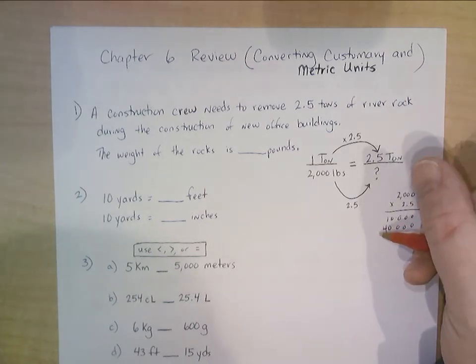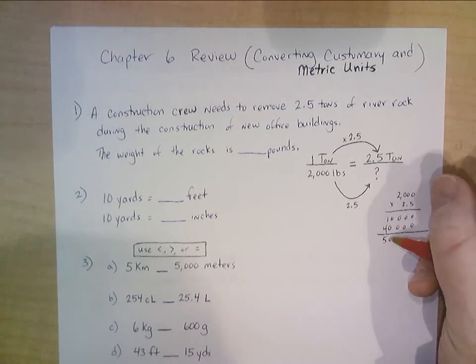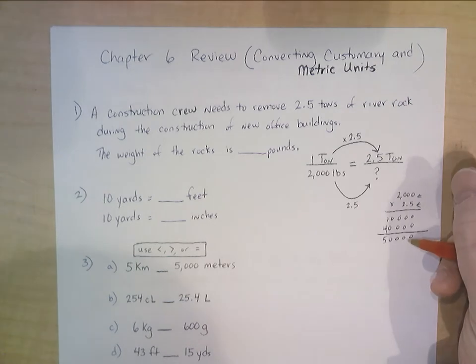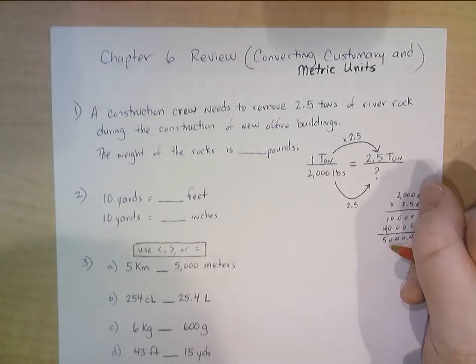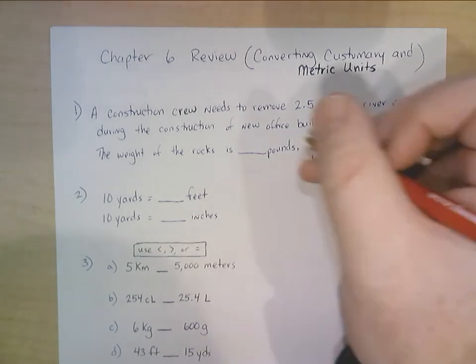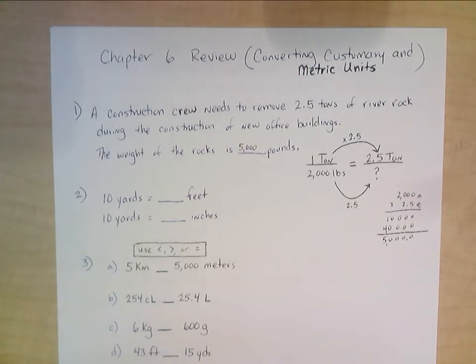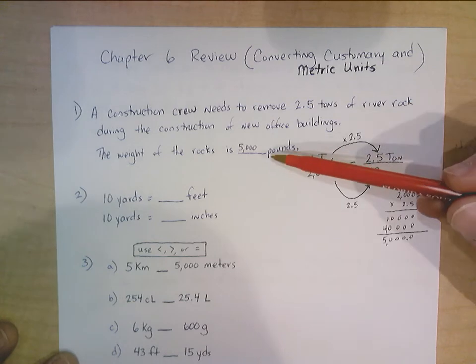And then 4. Add it up together. We moved 1 decimal to the left here, none here. 0 plus 1 is 1, so we move it 1 place to the left. We've got 5,000 pounds. So 2.5 tons of river rock is 5,000 pounds.